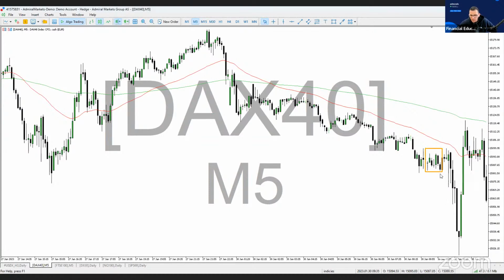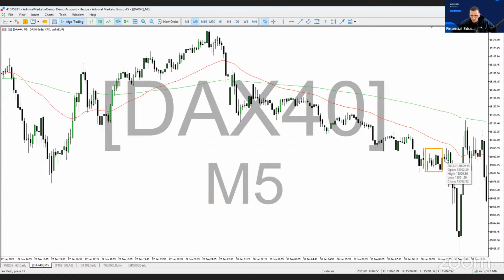All right. So we do have this break here. And I said we can find a way to the short side. Here we were at resistance. At that point at 10 a.m., we had this rejection, this doji with a long leg here.